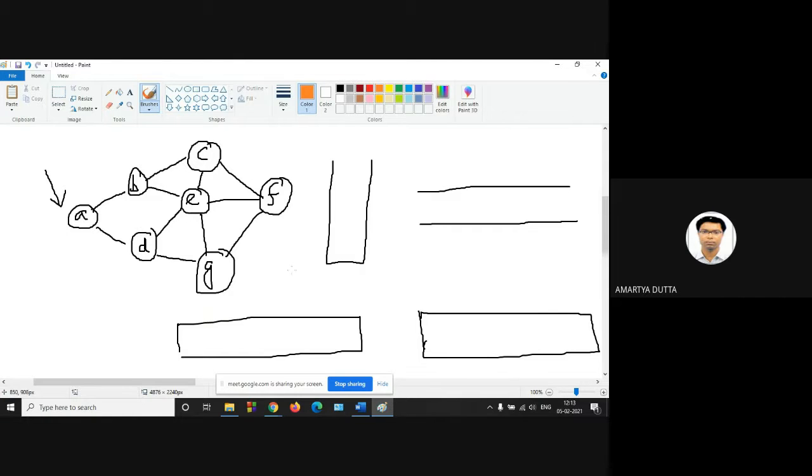A. Write down A, and just write A in the visited array. Next, from A, we are getting, pop this A. So from A, we are getting B and D.